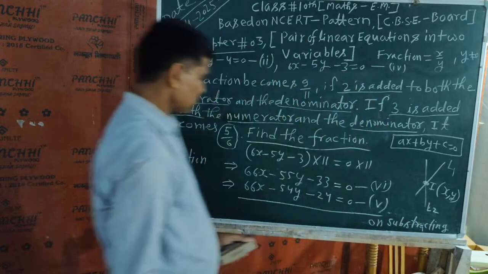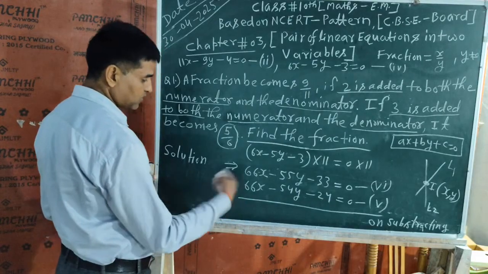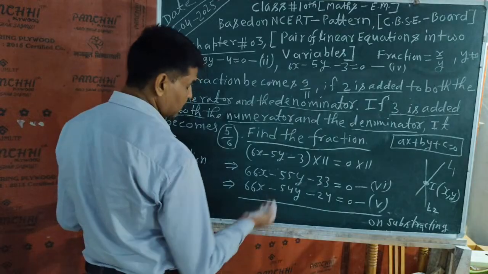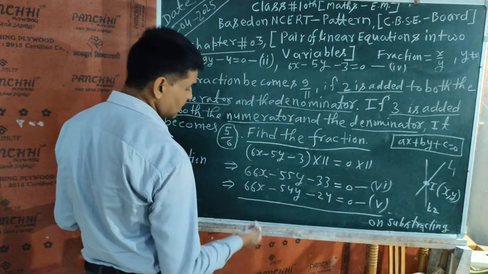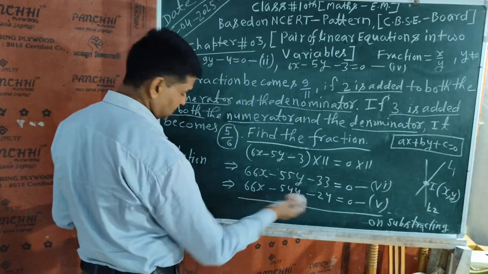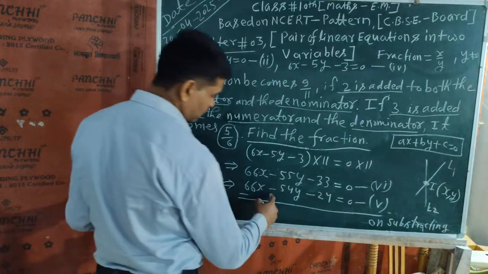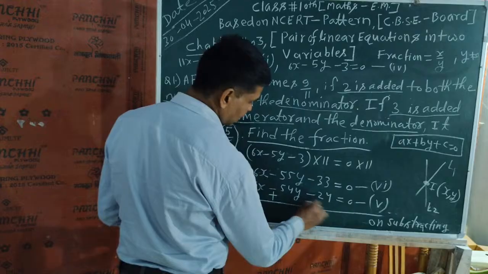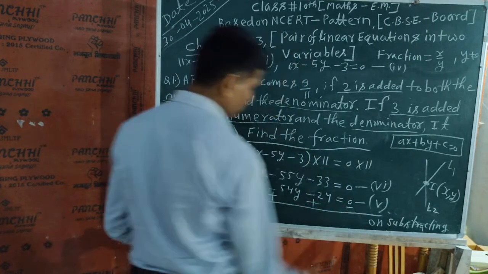On subtracting I will change each term's sign. If a term has a plus sign, I will put a negative sign below; if a term has a negative sign, I will put a plus sign below.